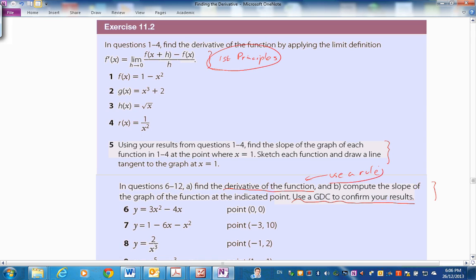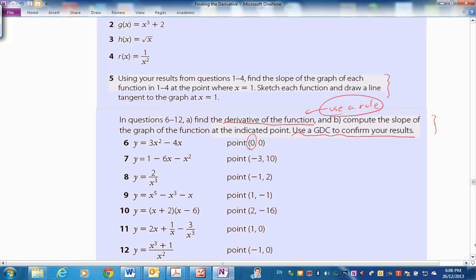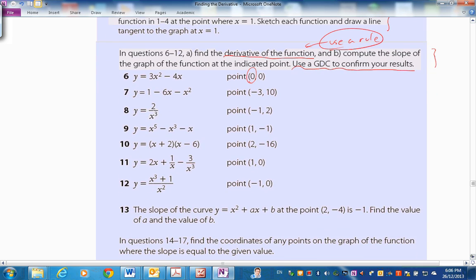You only use the first principles method if they tell you to. Otherwise, use a rule and substitute in the x value from the point to find the slope of the graph, or the slope of the tangent. Okay, come down there and we'll have a look at these 6 to 12.